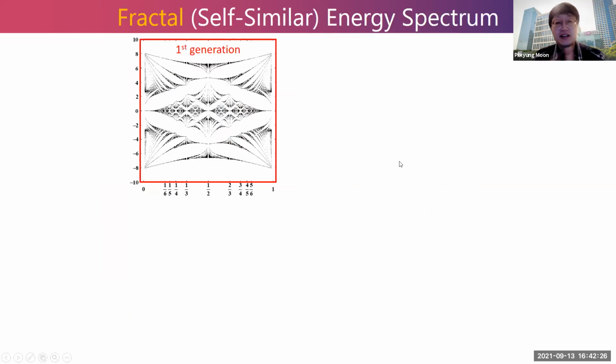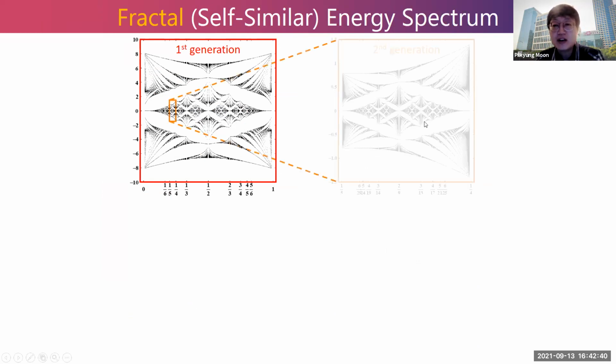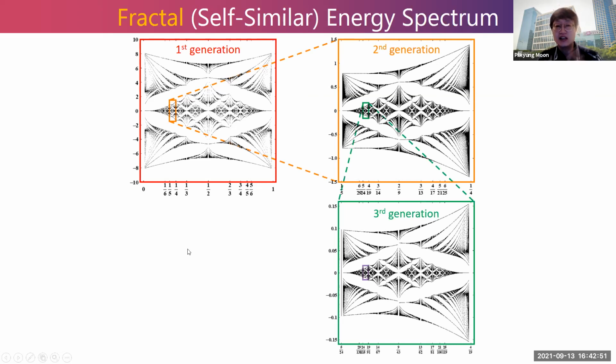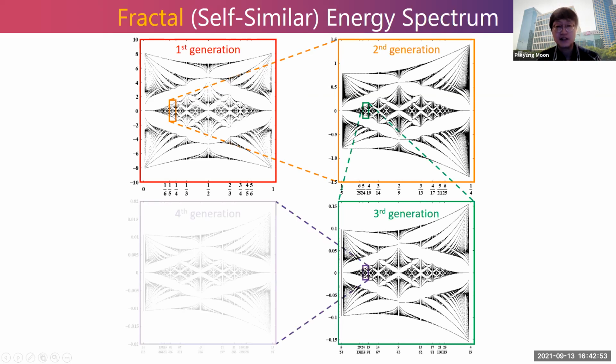It attracted a lot of interest because this is the first fractal phenomenon predicted in condensed matter physics. That is, if we magnify a small portion of the spectrum, we get a spectrum similar to the original image, but with a much smaller energy scale. It continues again and again to infinite subgeneration structure, making the entire spectrum self-similar.